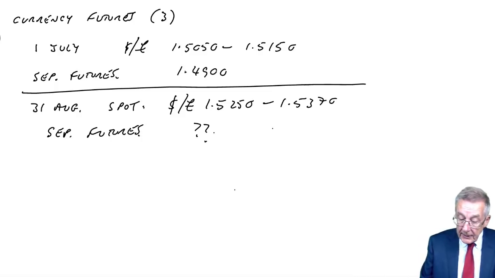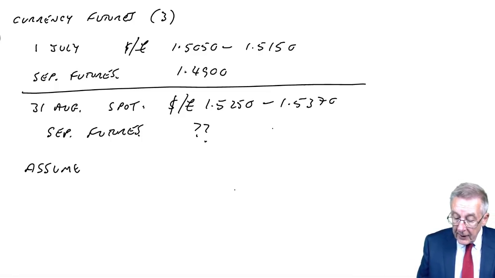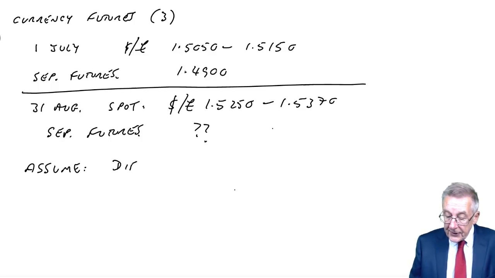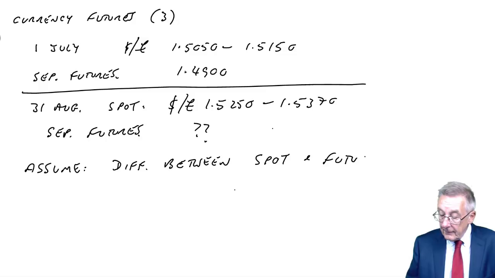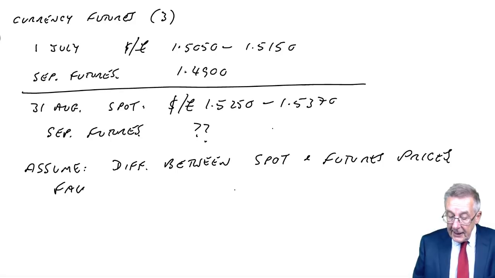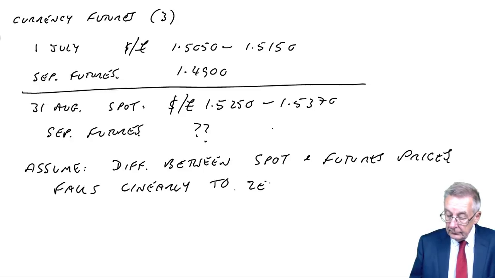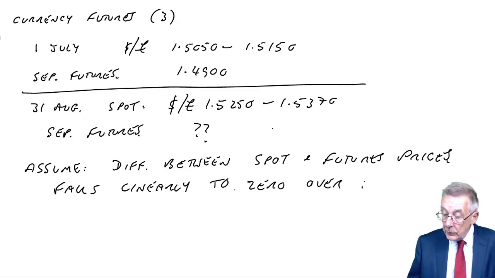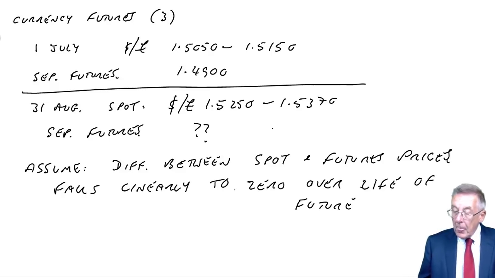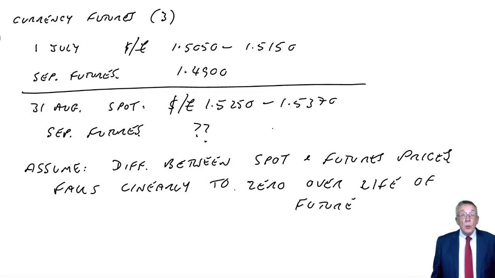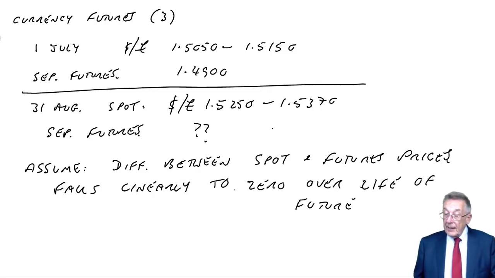We assume always, and I'm about to illustrate how we apply this, that the difference between the spot and the futures prices falls linearly to zero over the life of the future. Now, rather than keep talking about that in words, let me show you exactly what I mean.